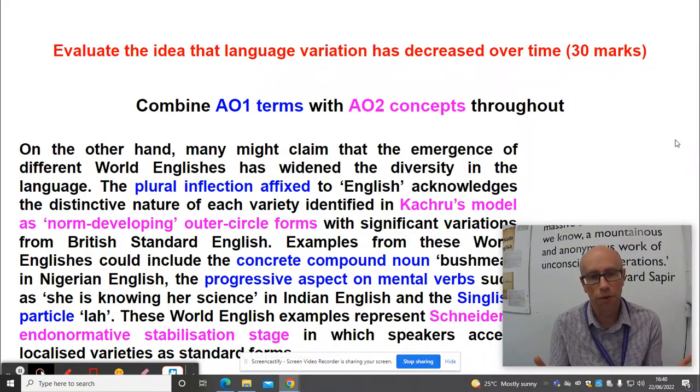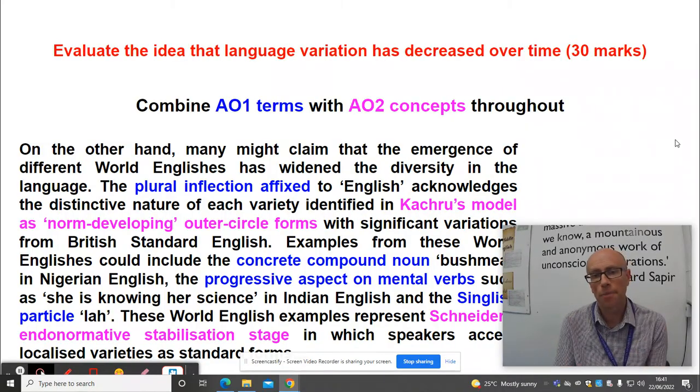Now, examples from these world Englishes could include the concrete compound noun bushmeat in Nigerian English, the progressive aspect on mental verbs, such as she is knowing her science in Indian English, and the Singlish particle la. These World English examples represent Schneider's endonormative stabilization stage, in which speakers accept localized varieties as standard forms.